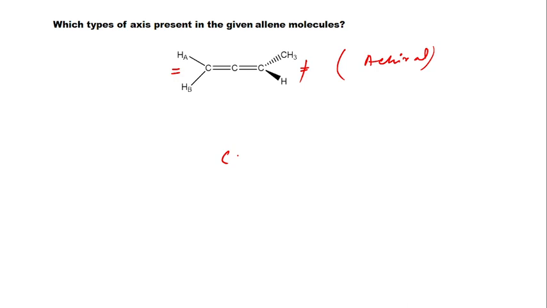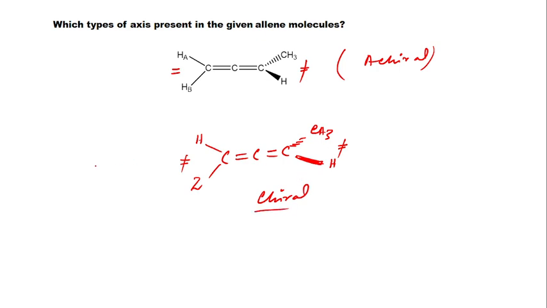Now you have to replace one hydrogen by some other group. Let's say Z is that group. So I replace one hydrogen by Z, which is other than hydrogen. Now these two groups are different and these two groups are different. So this is the chiral molecule.